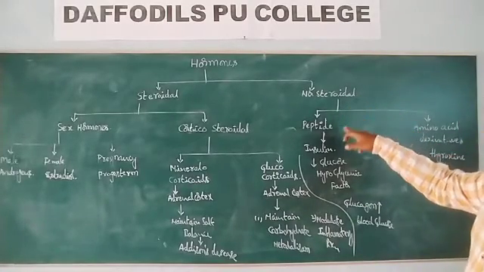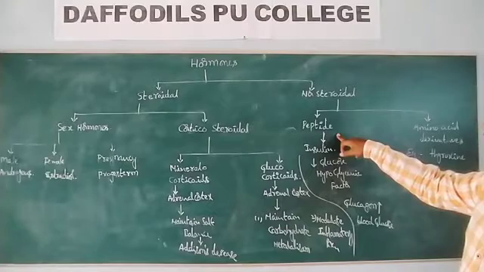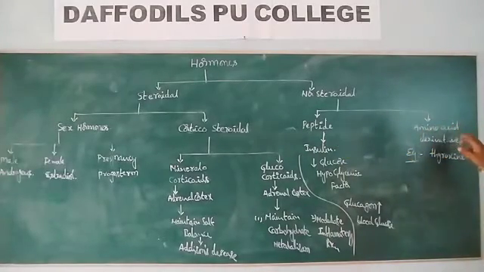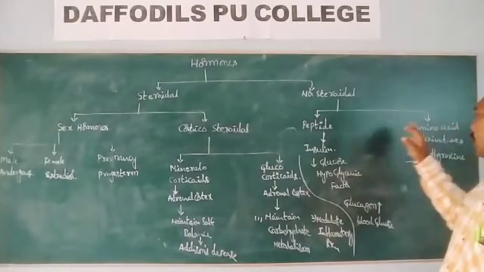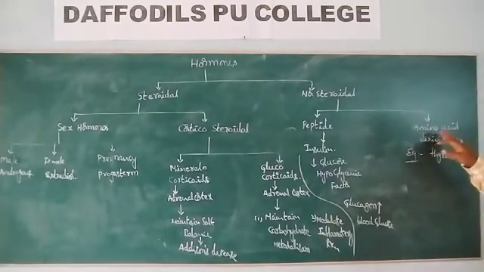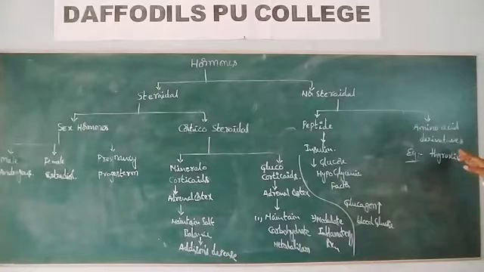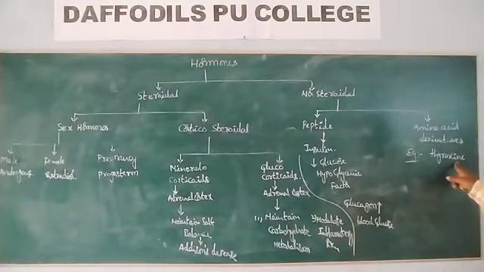Next are the non-steroidal hormones, which are of two types: peptide hormones and amino acid derivatives. First, we will look at the amino acid derivatives. One amino acid derivative is thyroxine, secreted by the thyroid gland.